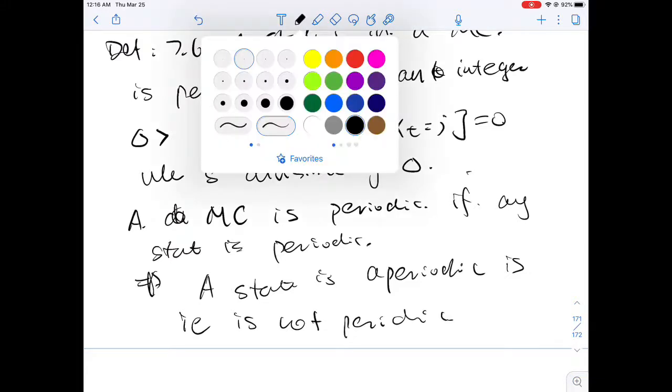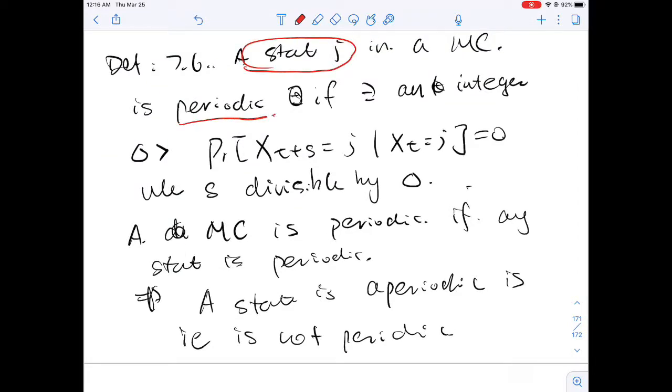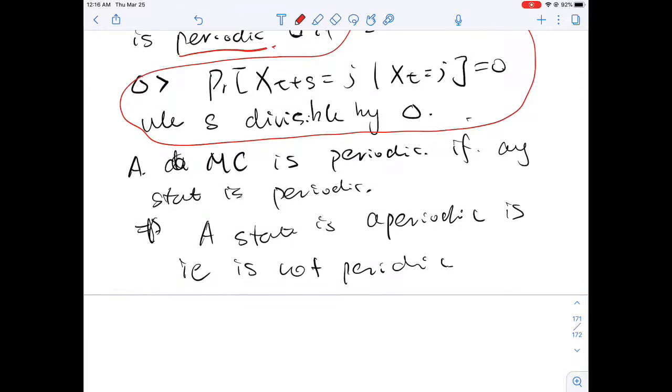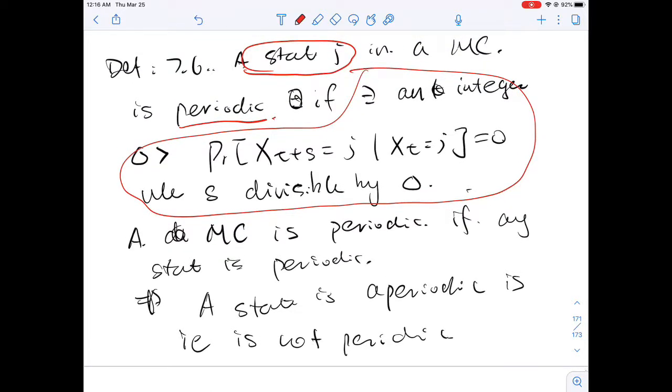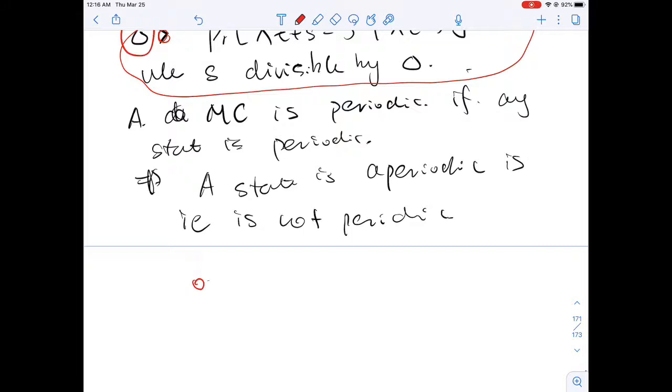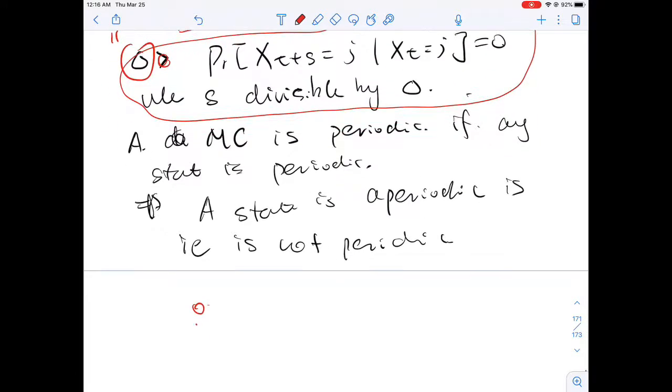Right. So now again, there are three things going on here. The first one is that we define the state is periodic. What do I mean by this giant chunk of things? Let me put up a concrete example. Let's say that this positive integer delta is 2. And let's say that the state j here is periodic with delta equal to 2.